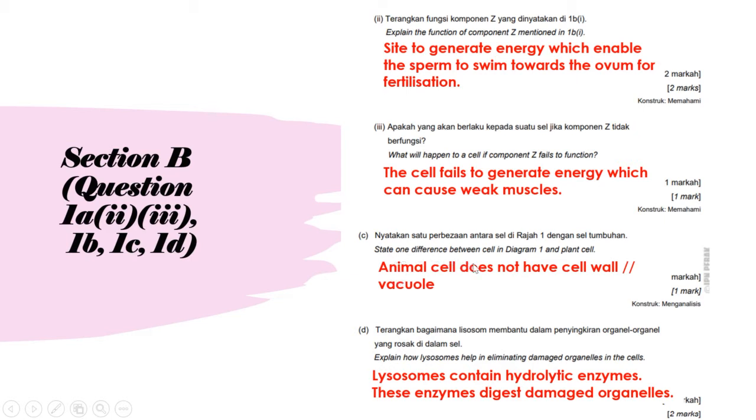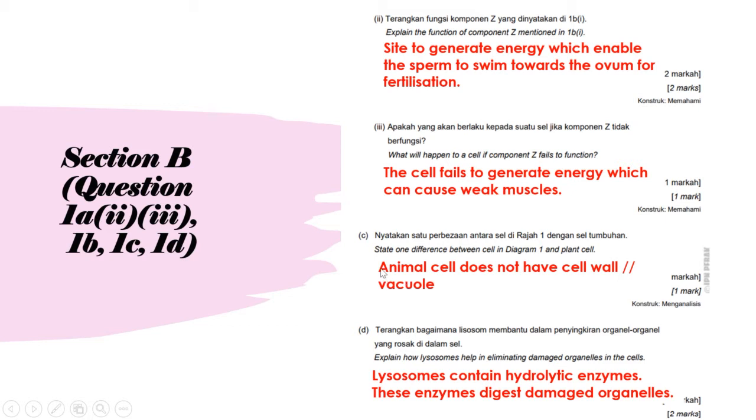State one difference between the cell in diagram 1 and a plant cell. In diagram 1 is an animal cell, so you have to state just one difference between animal cell and plant cell. You can write the animal cell does not have a cell wall, while the plant cell has a cell wall.